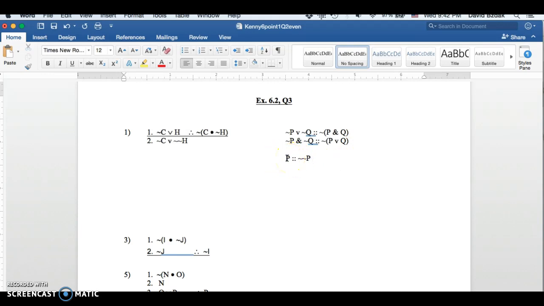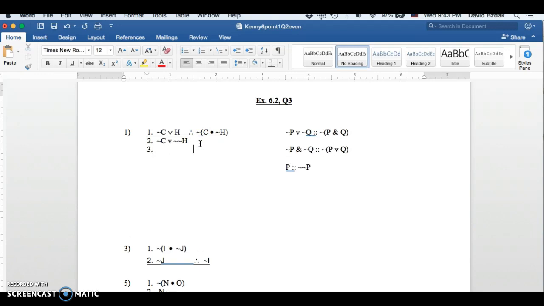So if P is true, not P is false. But adding another negation is just going to flip it right back to the original: true, false, true. So you can substitute for any sentence P the same sentence with two negations in front of it. And again, it goes either way. If you have a sentence that has two negations and you want to get rid of them, you can substitute in P for them. But here we needed to have this negated because De Morgan's requires that both parts be negated.